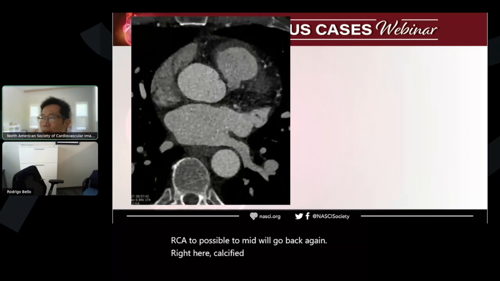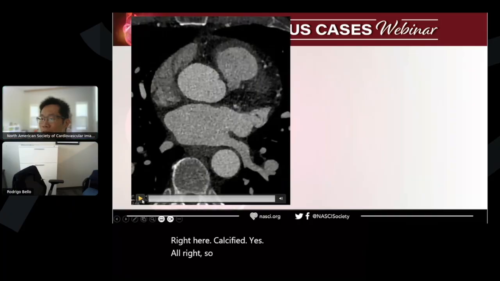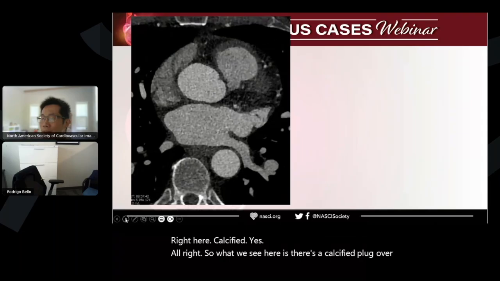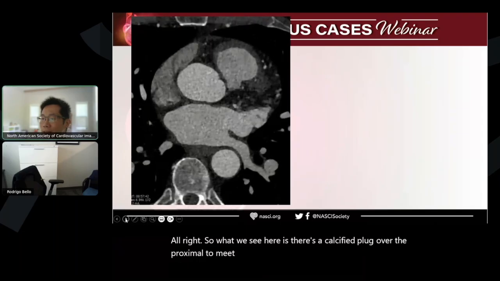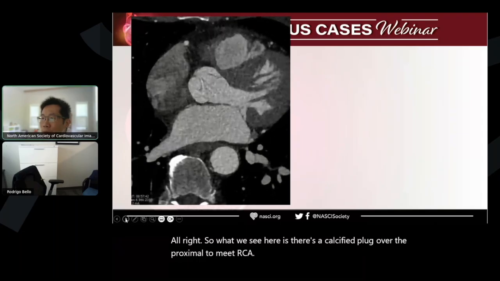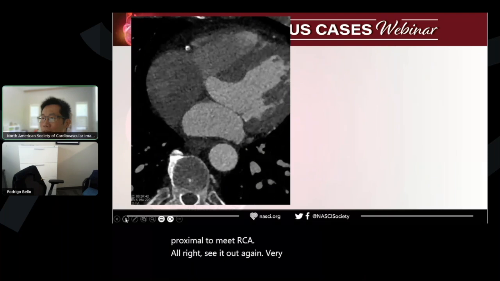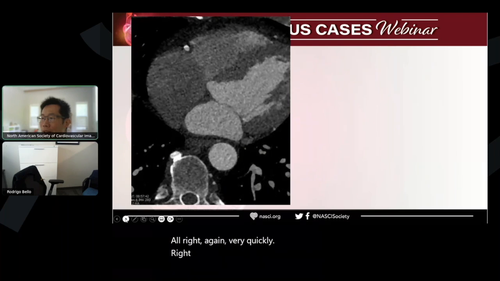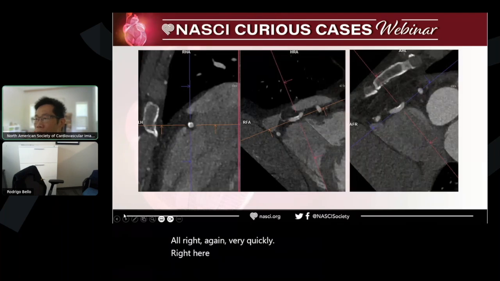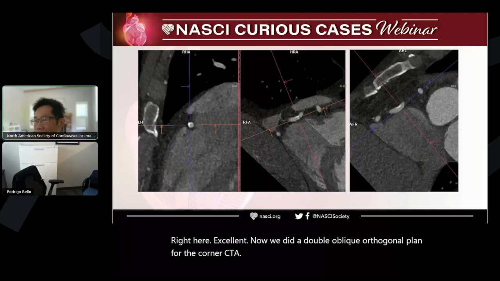All right. So what we see here is there's a calcified plaque over the proximal to mid RCA. All right. Let's see that again very quickly. Right here. Excellent. Then we did a double oblique orthogonal plane for the coronary CTA. Here's the thing.